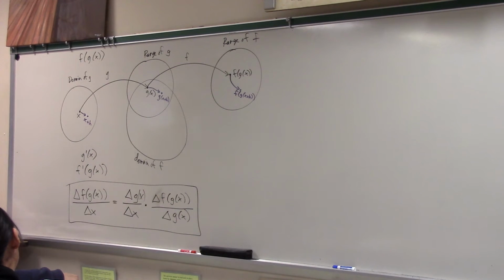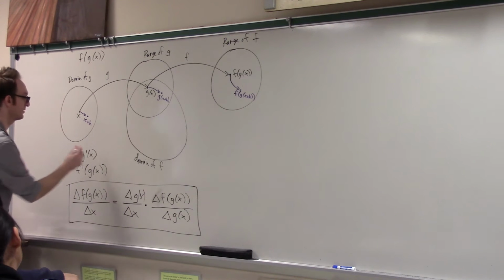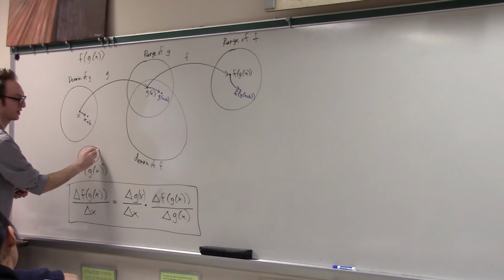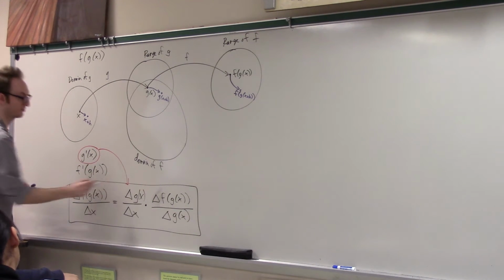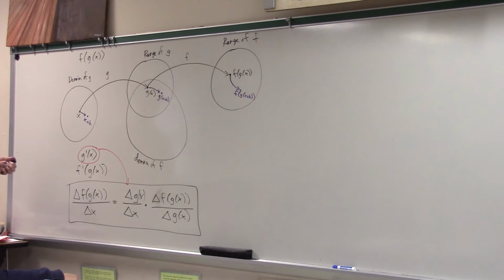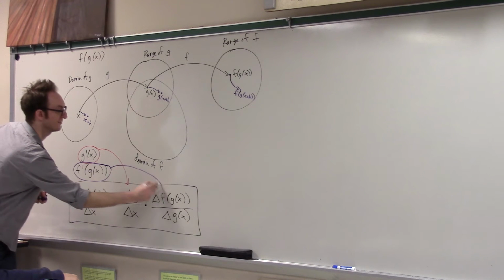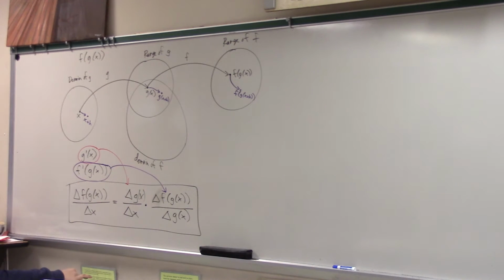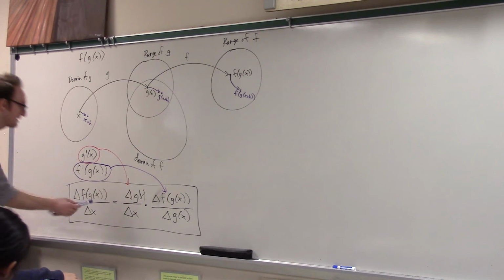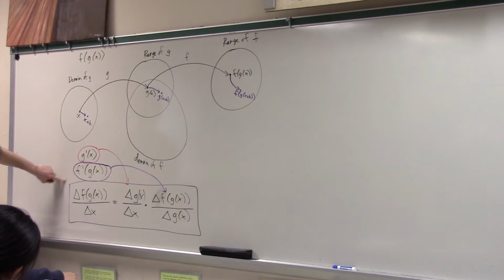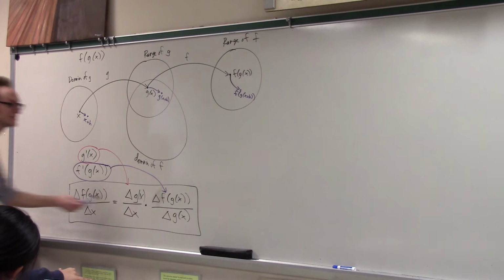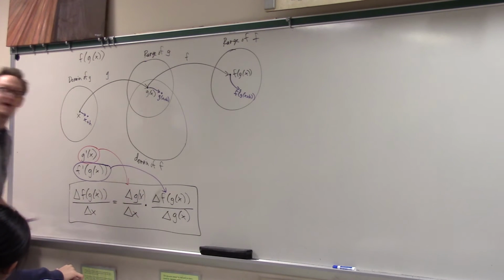So this first thing that we all agreed was important is this expression, and this second thing that we all agreed was important and relevant is this expression. And the chain rule says that these two are important, and specifically that how much the overall function changes when you change x by a little bit is just the product of these two.